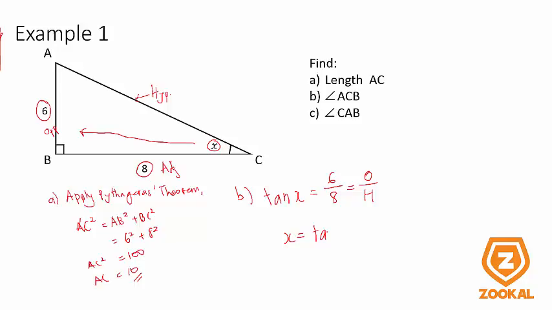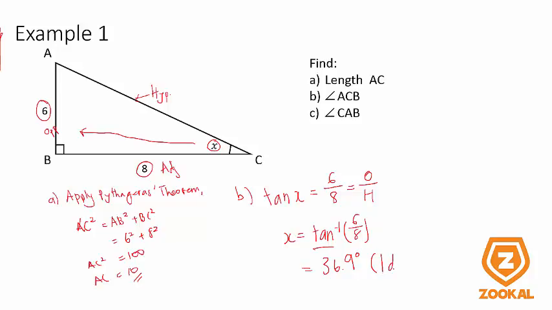On a calculator, we find the inverse function of tangent, key in 6 over 8, and we'll be able to find that angle ACB is equal to 36.9 degrees.